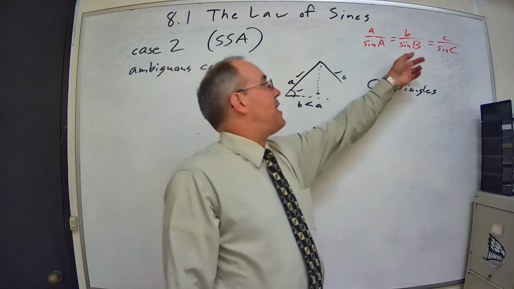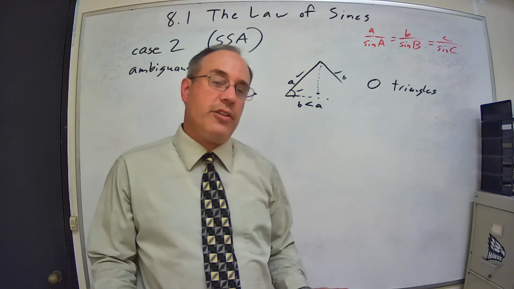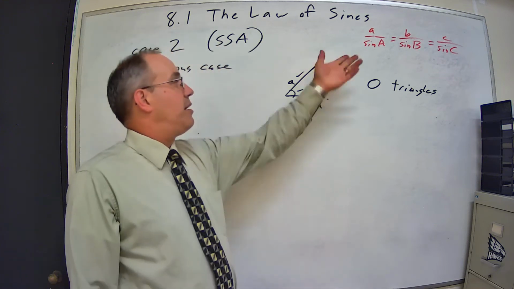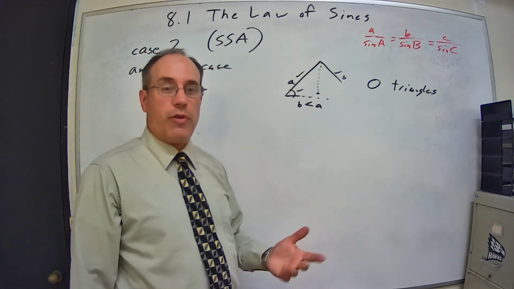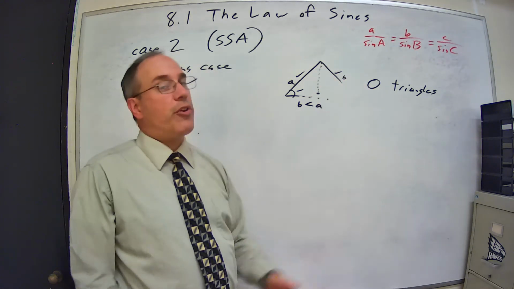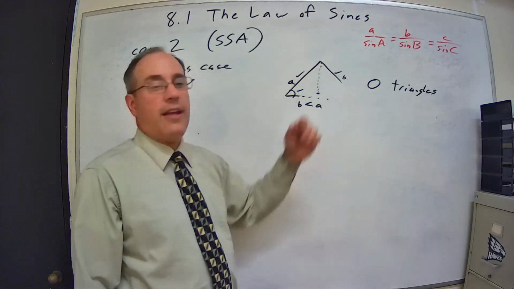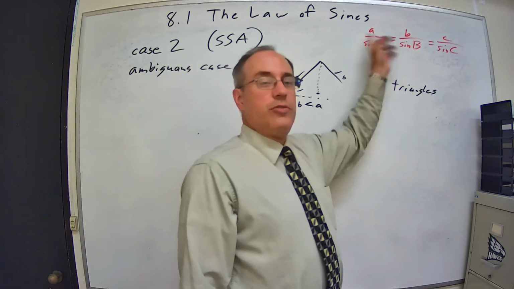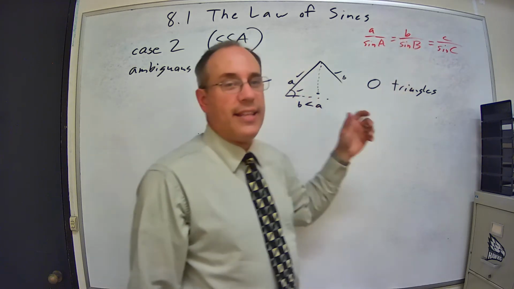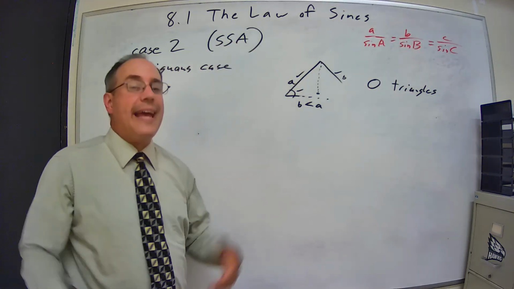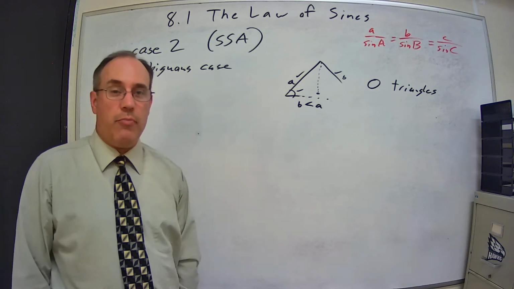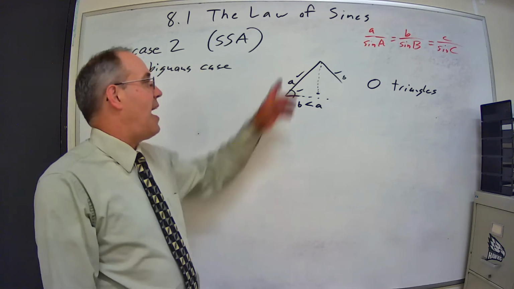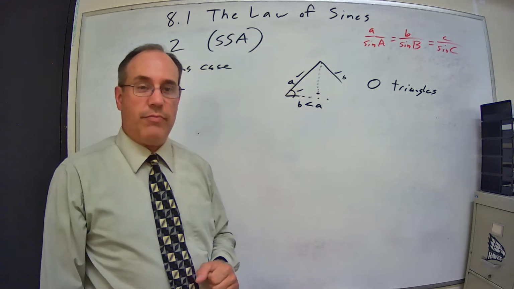So if we find that that value is outside of that range, or I should say that domain, then, actually the range was correct, outside that range, then we are going to find out that we cannot make a triangle. So what's going to happen is, if this is the case, when you start to do law of sines, you're going to go to find the second angle, and your calculator is going to give you an error because it's impossible to have those sides associated with an angle.